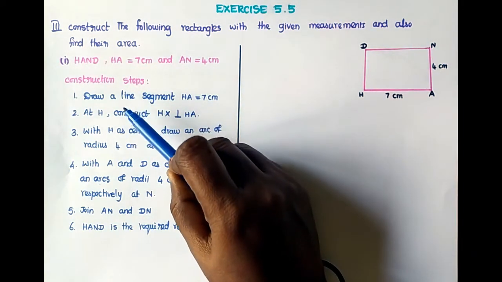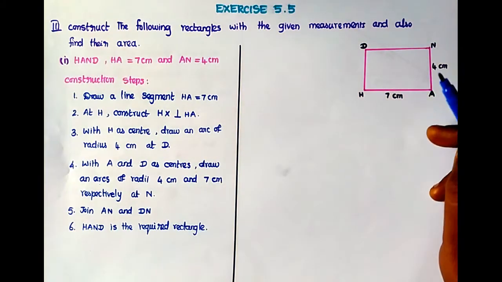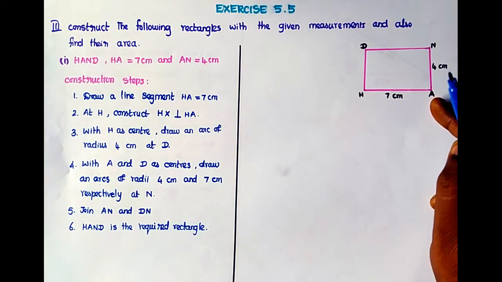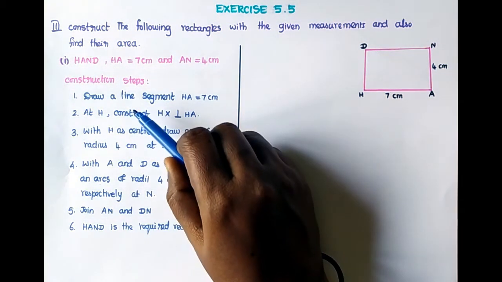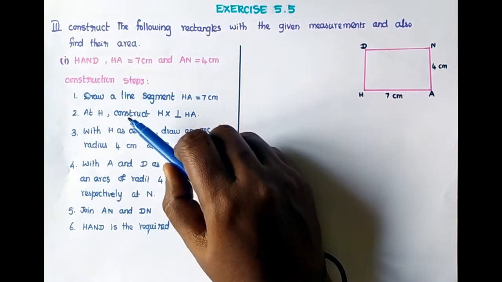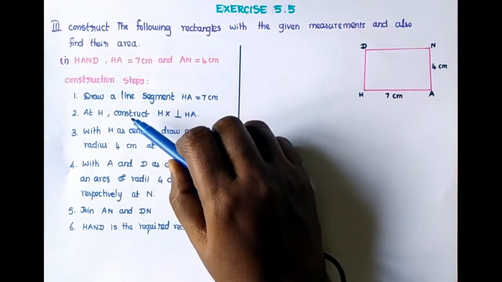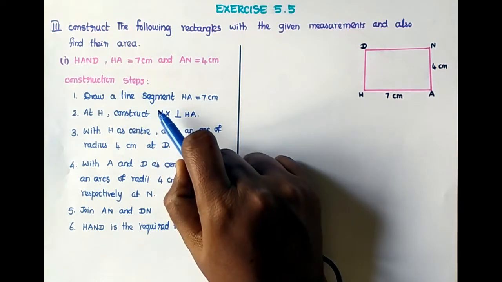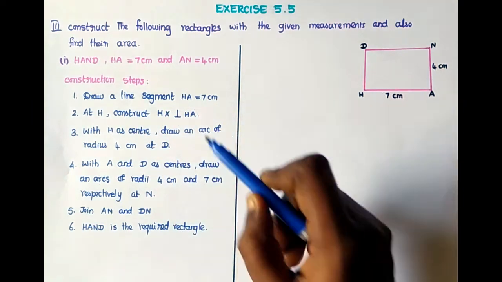First step, draw the rough diagram and then construct the rectangle. What measurements have they given? First step, draw a line segment HA equal to 7 centimeter.